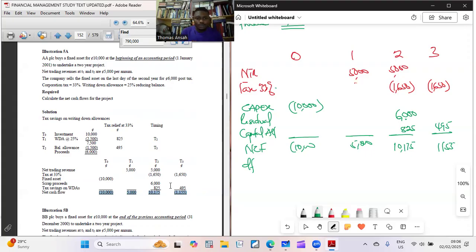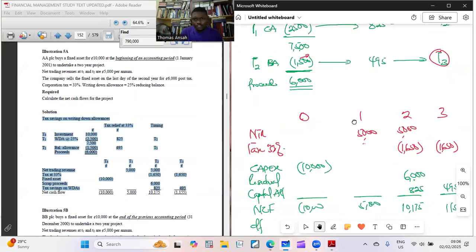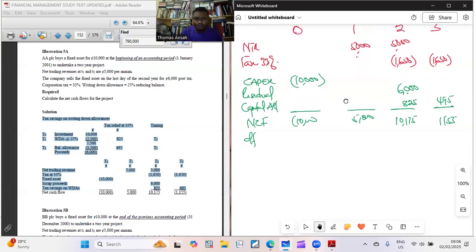So let's come to a situation when the thing was bought in. If the question is silent, you maintain this capital allowance computation. But even with this, some tutors will teach you that you can do your net trading revenue. I think net trading revenue is 5,000, 5,000. Then the capital allowance, you have to deduct. So if you have capital allowance, you are deducting.